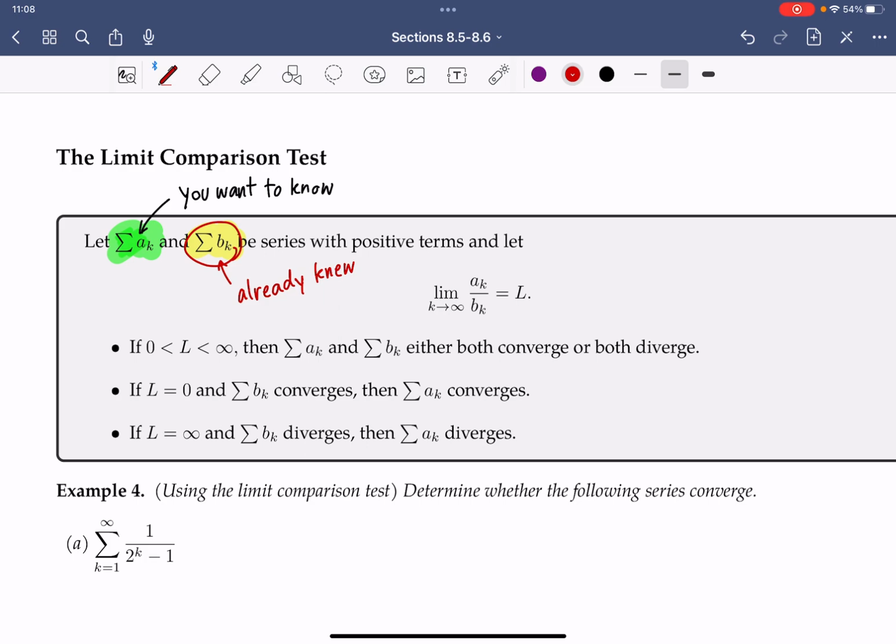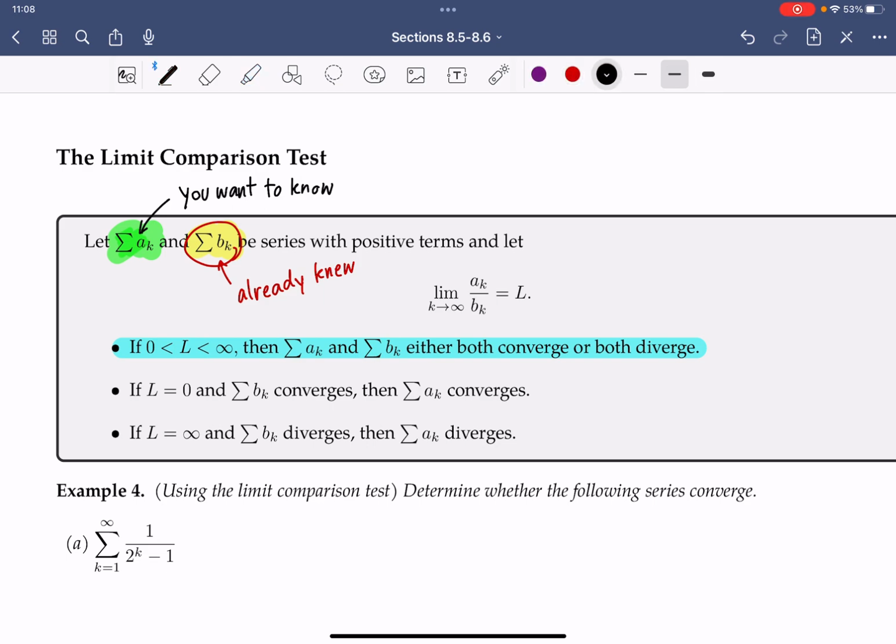You already know it, and you make the ratio between AK and BK. If you make the ratio between AK and BK, and you get some number L, and if the number L is bigger than 0 and less than infinity, then when you make a series of A subscript K and B subscript K, they're either both divergent or both convergent. They have the same pattern.